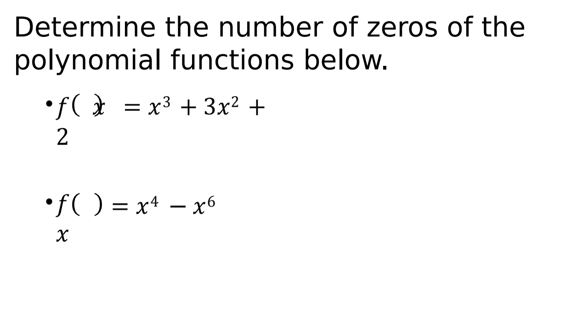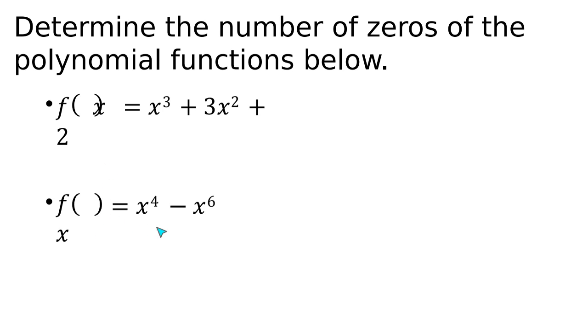For the first one, we see that this one is x cubed plus 3x squared plus 2. The first thing we need to check is that it's written in descending order, from greatest to least. The highest exponent is 3. That means that my function is going to have 3 zeros.